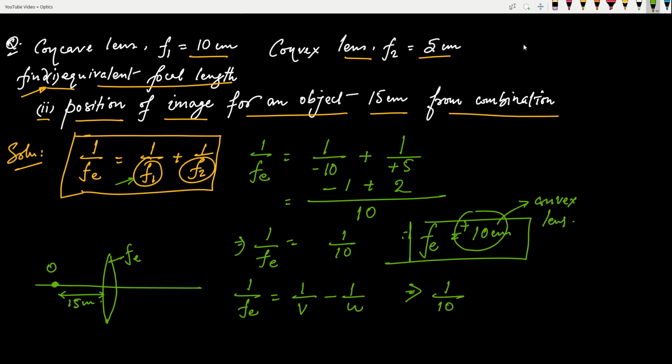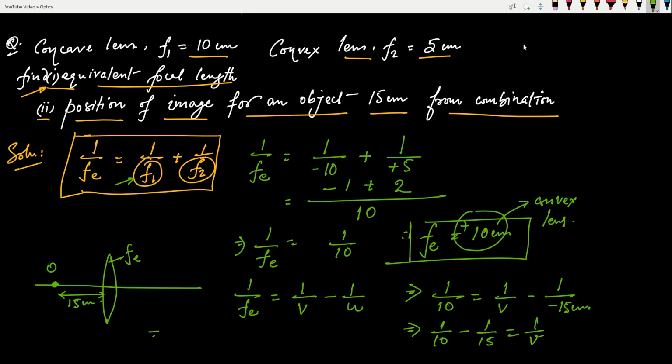So we can write 1 by 10 is equal to 1 by v minus 1 by u. Now u will be taken as minus 15 cm according to sign convention. I won't explain that. I hope you know that. So if you solve this, then 1 by 10 minus 1 by 15 will be equal to 1 by v.